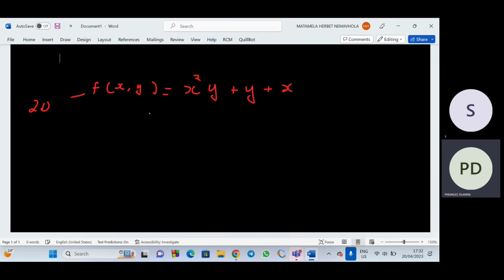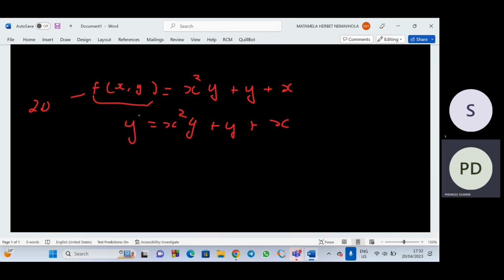If you have to differentiate this function, sometimes you might find that I'm not going to use f prime, I'm going to use y. You might find that you are saying y equals x squared y plus y plus x.